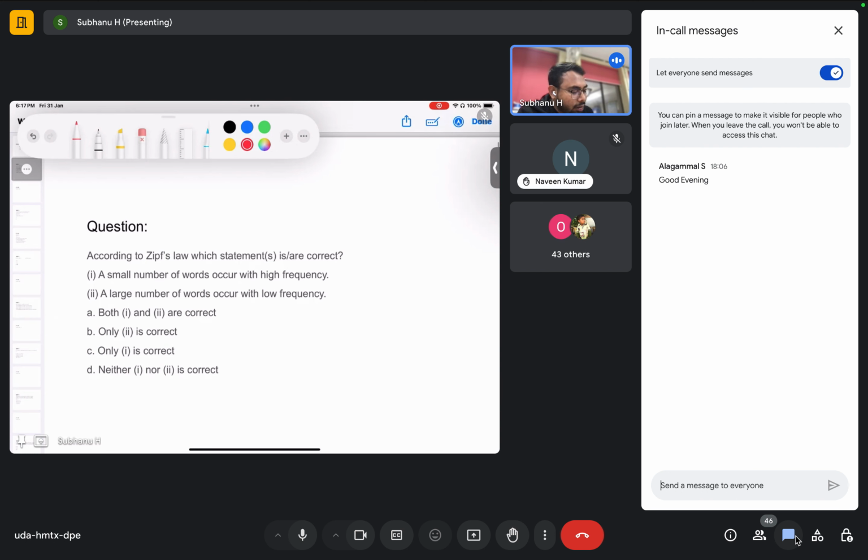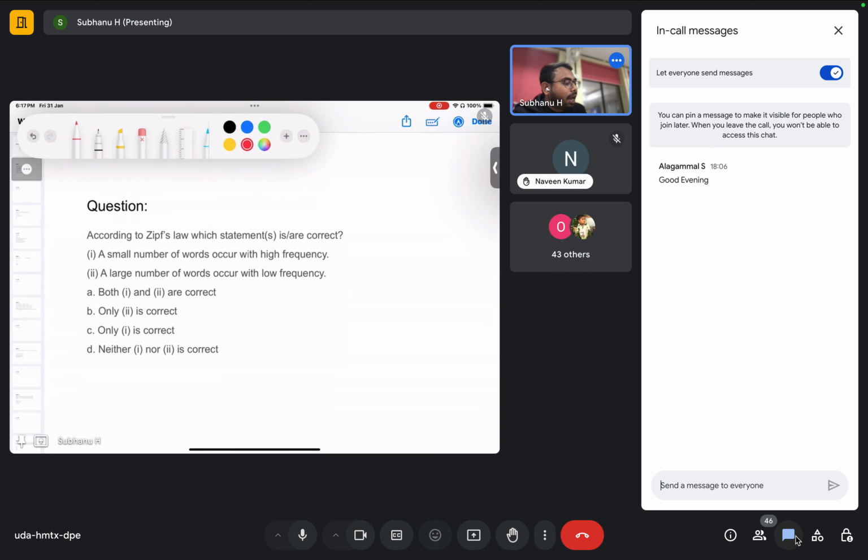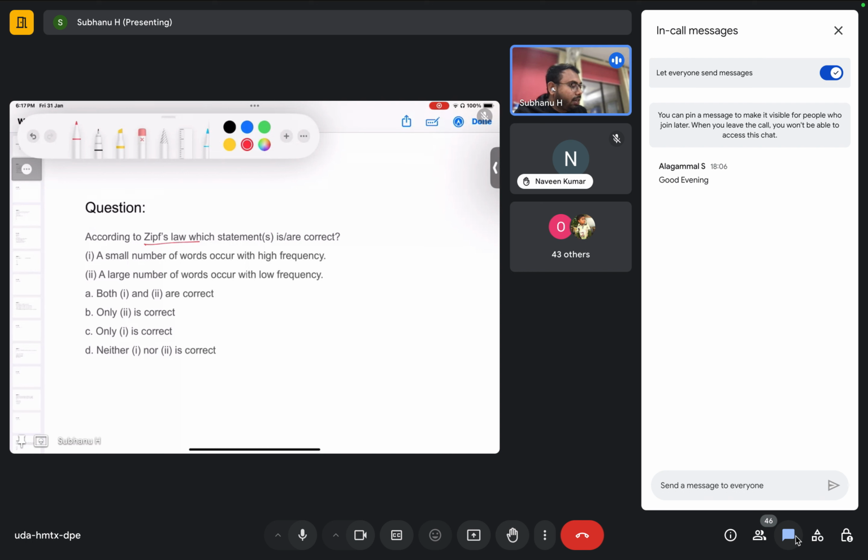Let's warm up and start from these questions: according to Zipf's law, which statement is correct, or is it in between these two statements? You can write your answer in the chat box.